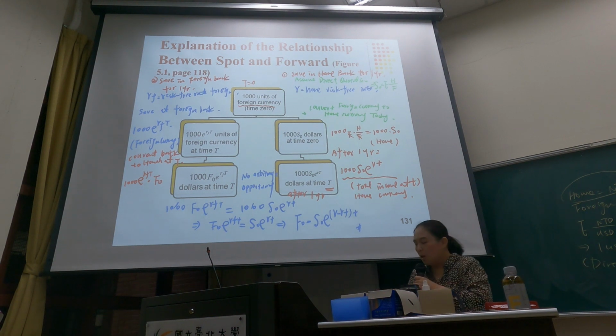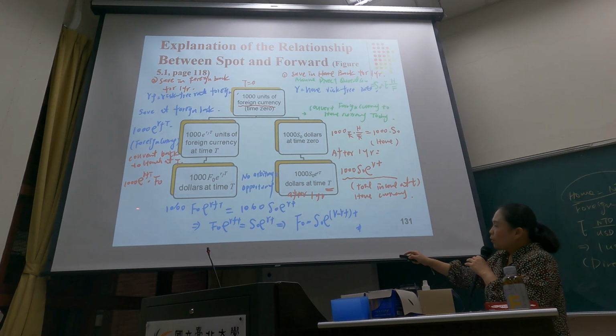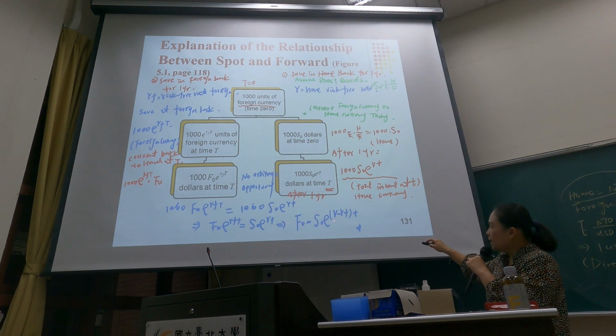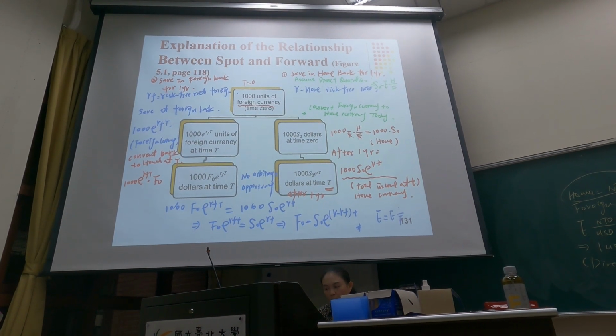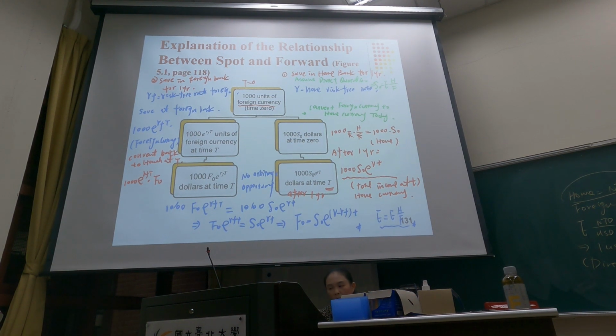That's the end, okay? So remember, if there is no arbitrage opportunity, it means they should be in equilibrium. Cross out 1,000: F0 E^(RF T) equals S0 E^(RT). Then just shift the RF to the right-hand side, so it equals E^((R minus RF)T). And remember, in this formula, your exchange rate is a direct quotation: E equals 1 unit of foreign currency to how many units of home currency. Are we okay with that? So that's why we have the formula here.